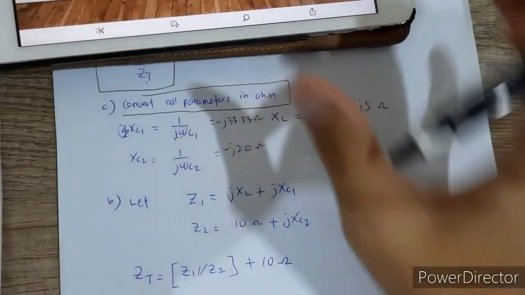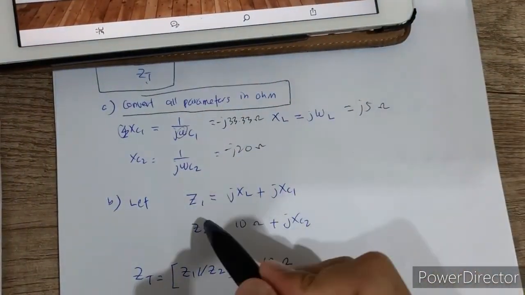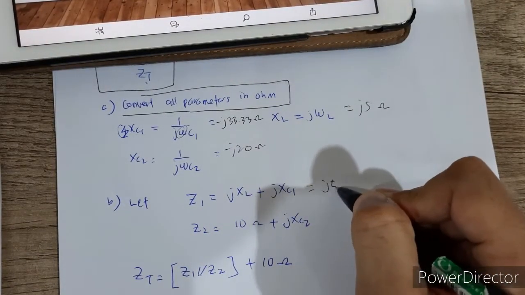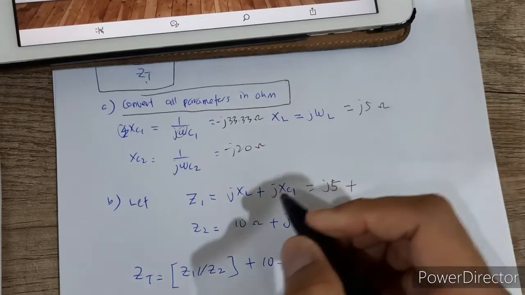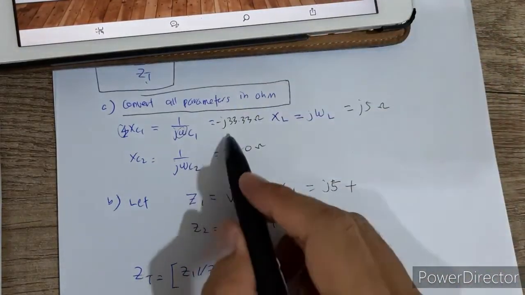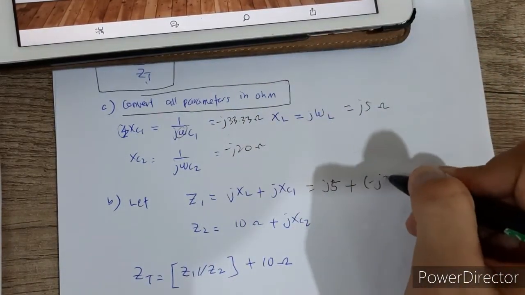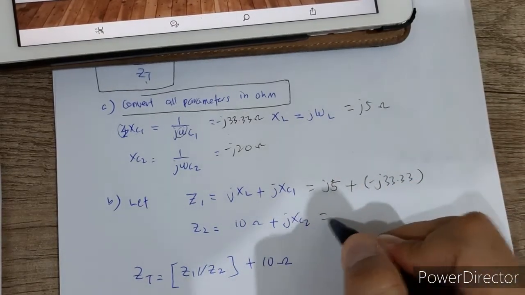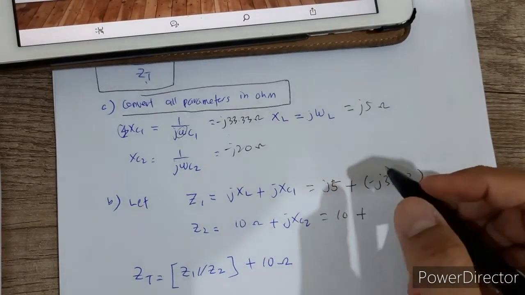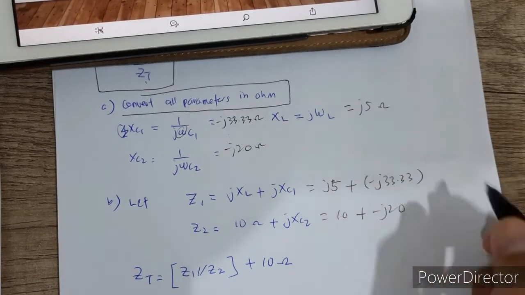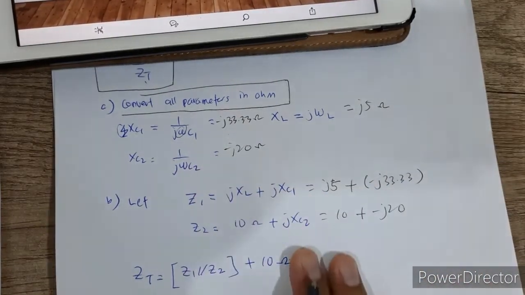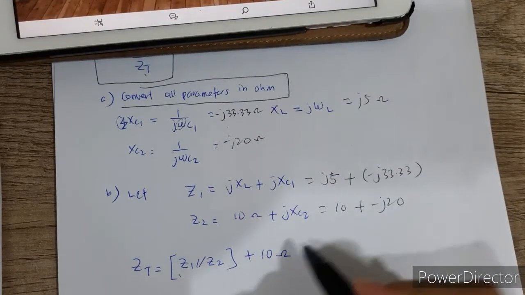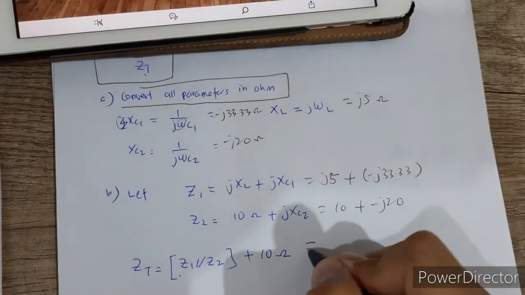So our Z total, firstly Z1 is jXL, j5, plus jXC1. jXC1 is negative j33.33, and then Z2 is 10 ohm plus jXC2, negative j20. Then Z total is Z1 parallel with Z2 plus 10 ohm.